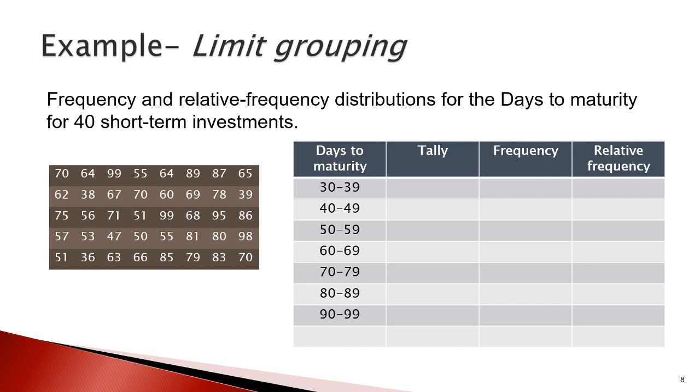Likewise, we can write them up to 99. We started from the 30 to 39 interval because the smallest value in the data set is 36, and the last interval is 90 to 99 because the largest value is 98.